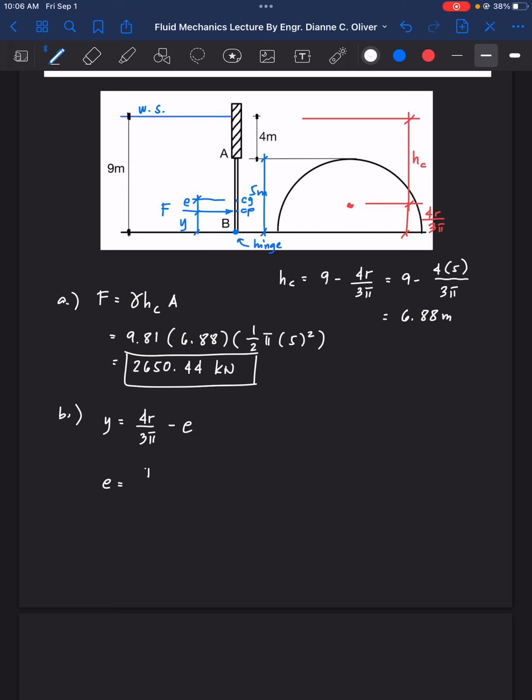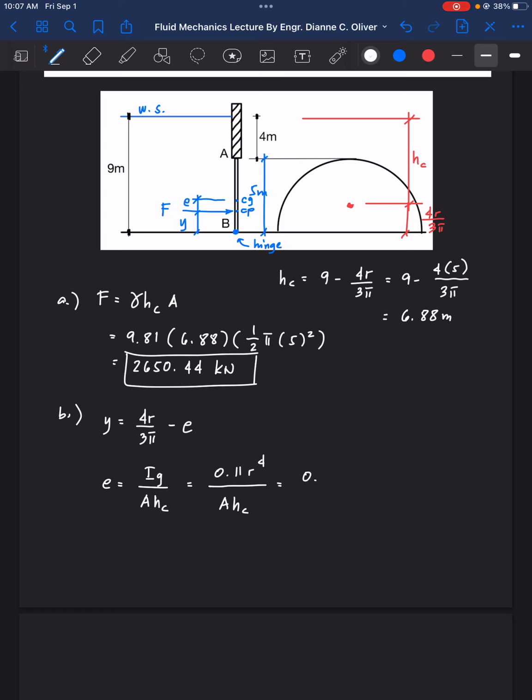So E here is Ig over A HC. We're dealing with a vertically submerged object, so we're using HC. Now, what is the moment of inertia of a semicircle? That is 0.11 r to the 4th, all over A HC.